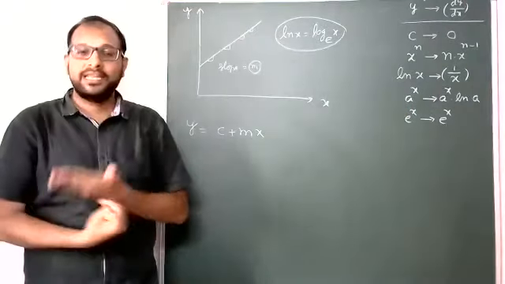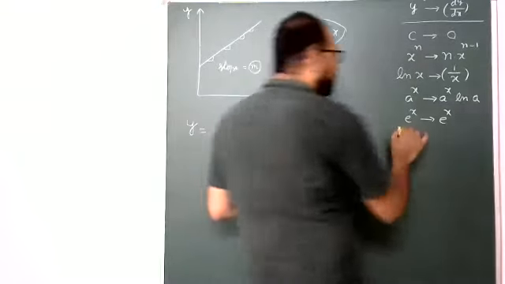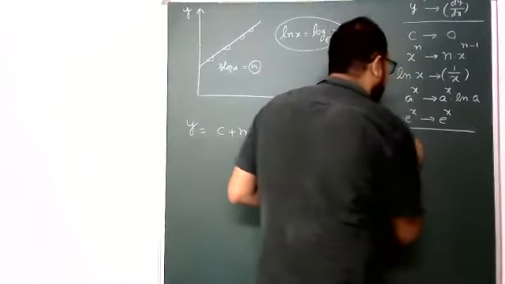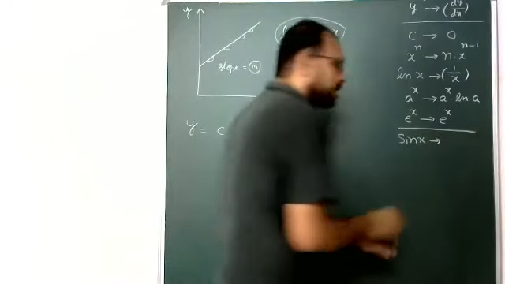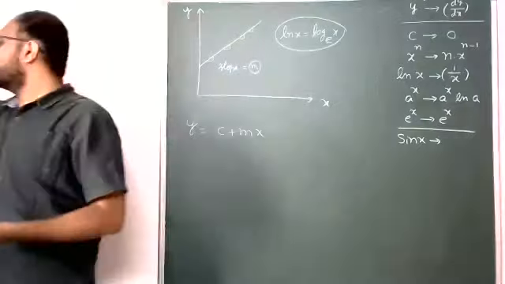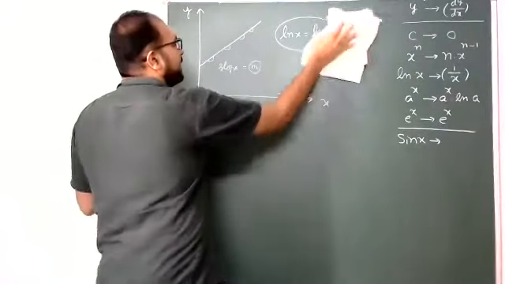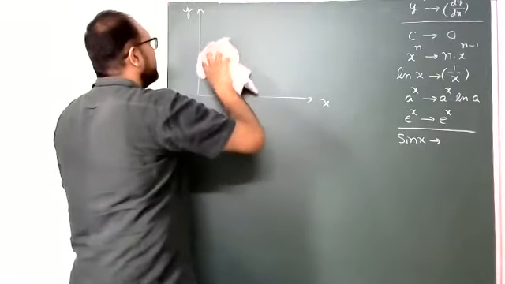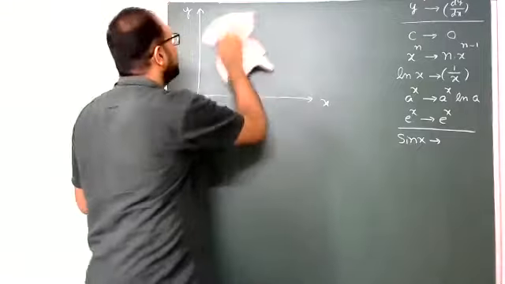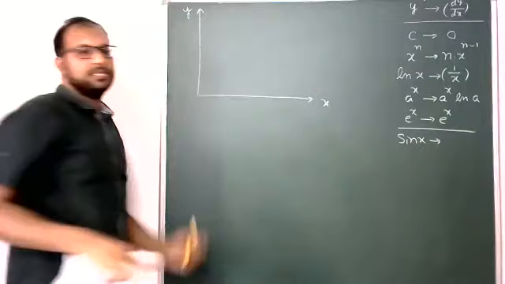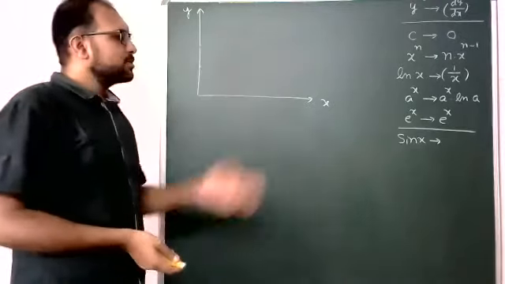Now coming to some other functions, that is trigonometric functions. For example, y equal to sin x. In SSC, these graphs already came: y equal to sin x, y equal to cos x, y equal to tan x. You already know all these graphs.